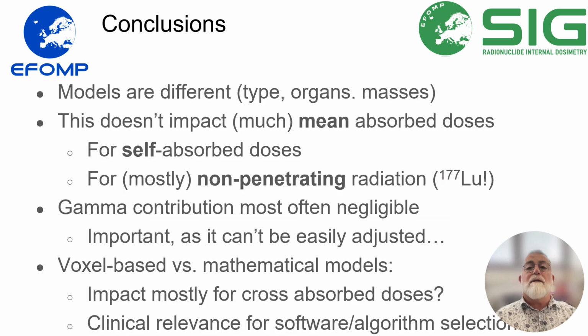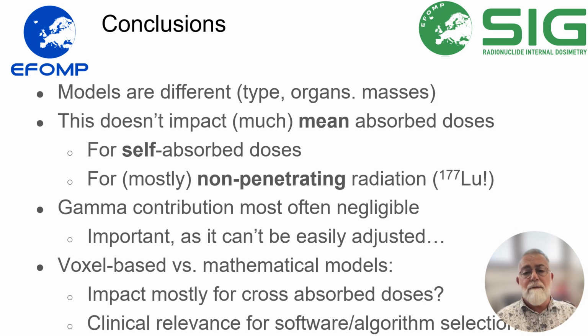So here are the conclusions. We have different models in the literature, recent models and old models, and we have results that have been published in the past for different radiopharmaceuticals using mathematical models. Is that a big deal? Not necessarily. For self-absorbed dose, as was seen, you can do mass correction, just a mass scaling, and that is a correction that actually works well.